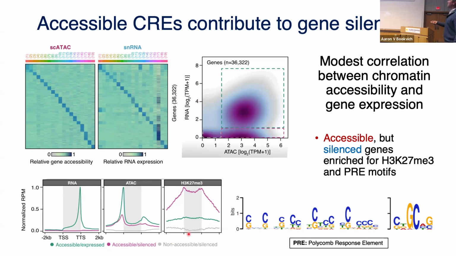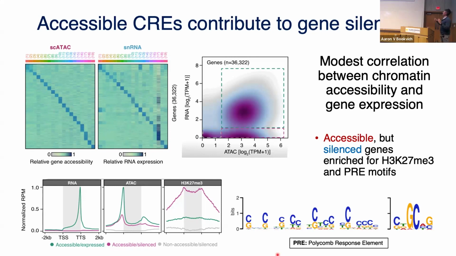And we were wondering, how can this be? So we looked at the accessible regions that are specific to the silenced genes that still maintain accessibility as well as have K27 trimethylation, and we found these Polycomb response elements within their promoters. These are TF binding sites for transcription factors that recruit the PRC2 repressive complex.